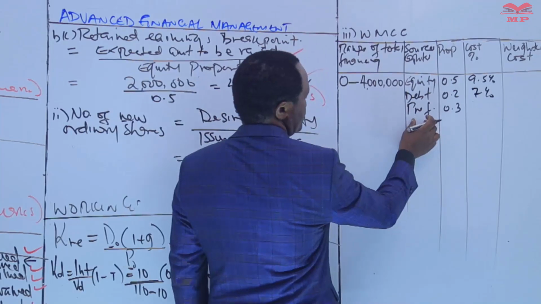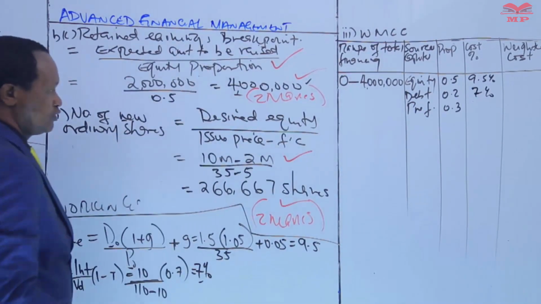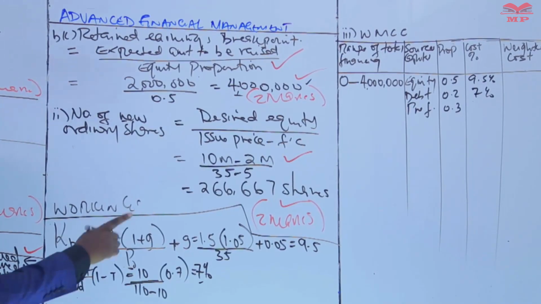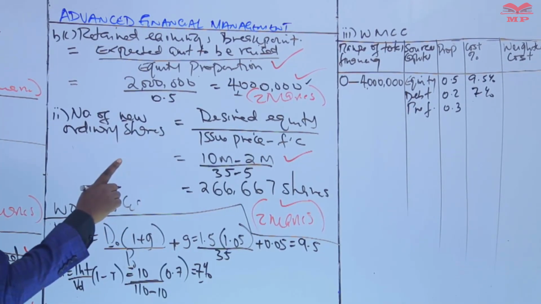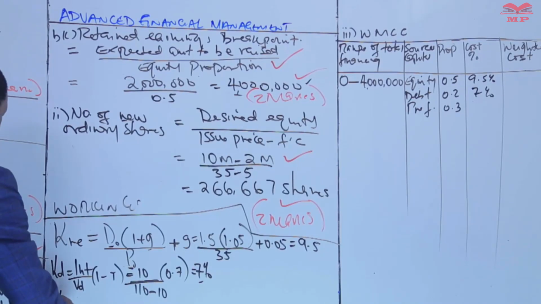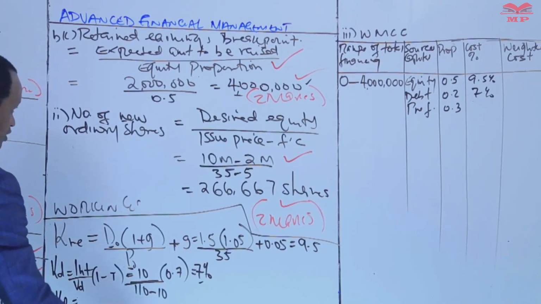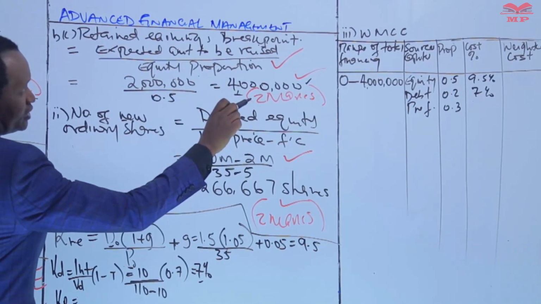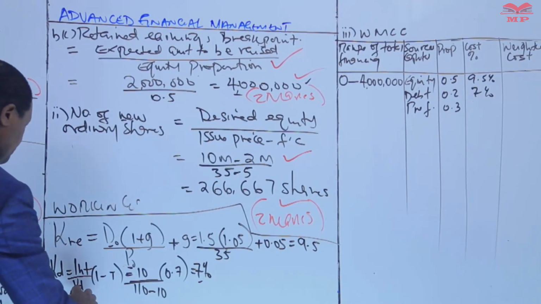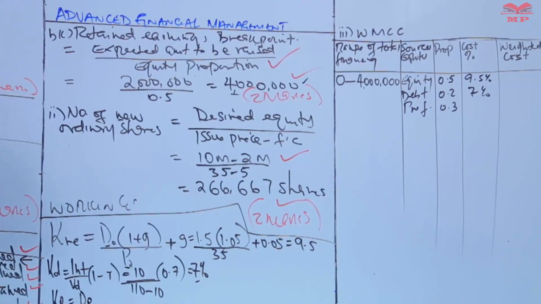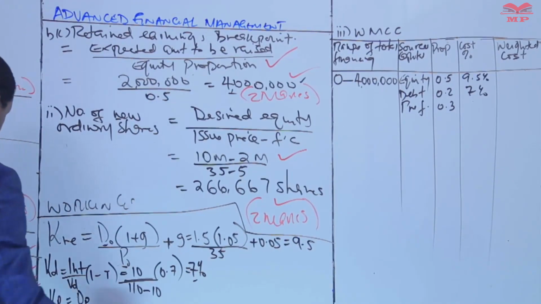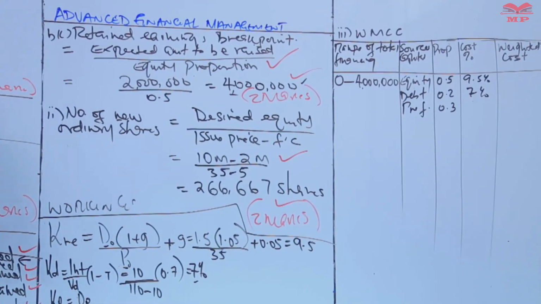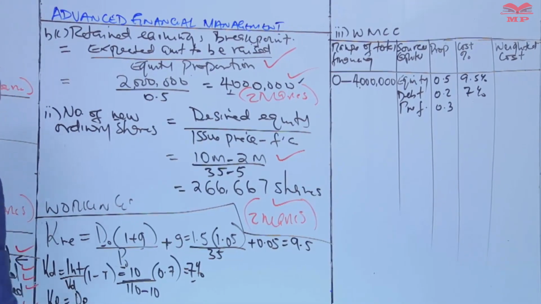Then we move to calculate the cost of preference shares, KP. What is the formula for KP? The cost of preference shares is equal to DP over PO times 100.